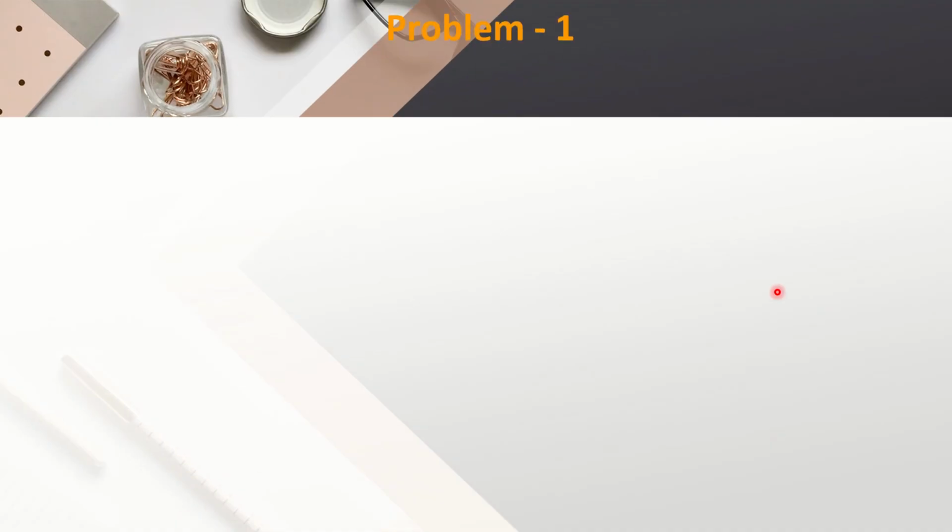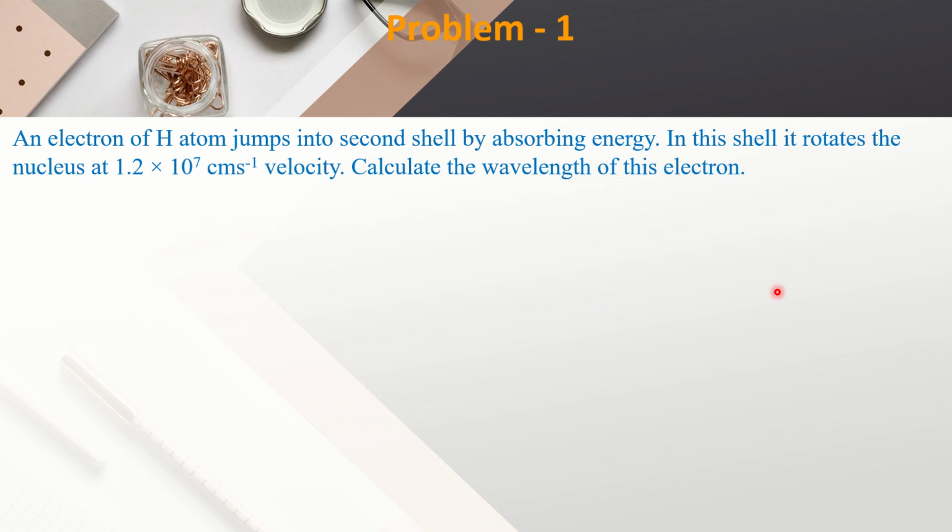Problem 1. An electron of a hydrogen atom jumps into the second shell by absorbing energy. In this shell, it rotates around the nucleus at 1.2 into 10 to the power 7 centimeter per second velocity. Calculate the wavelength of this electron. Here, the velocity of the electron is 1.2 into 10 to the power 7 centimeter per second.